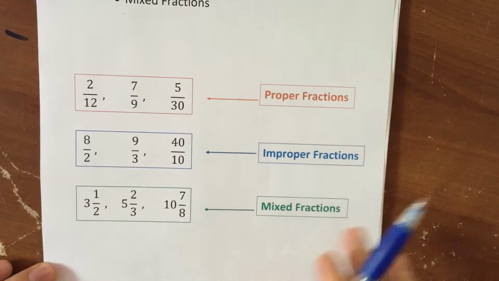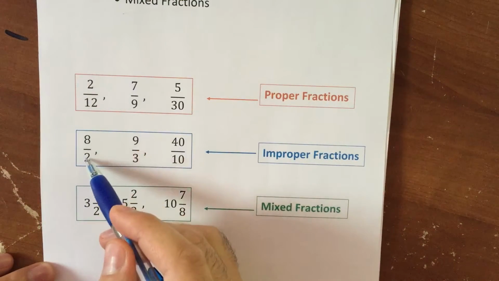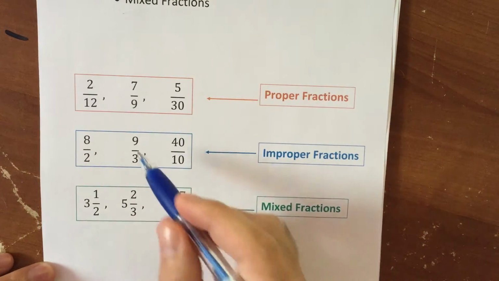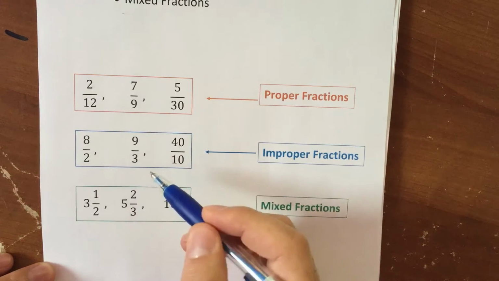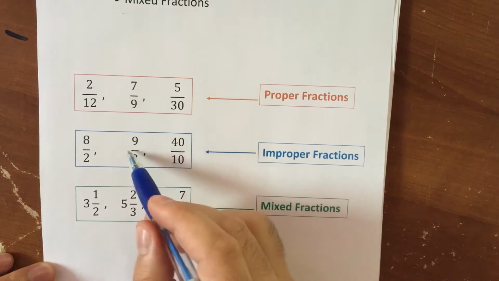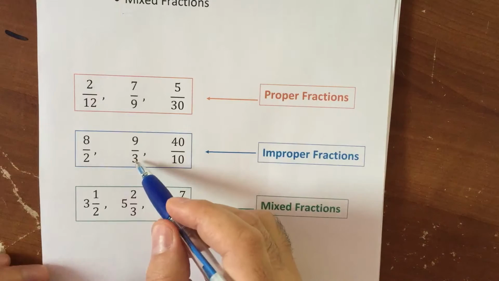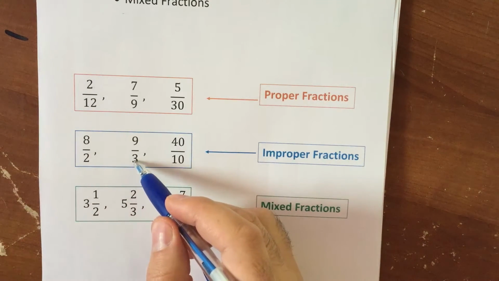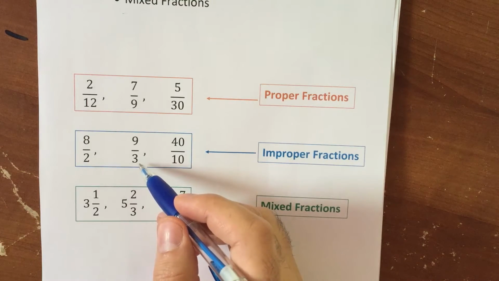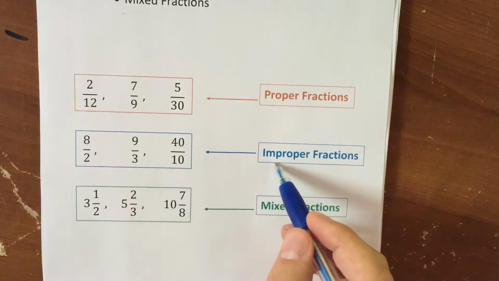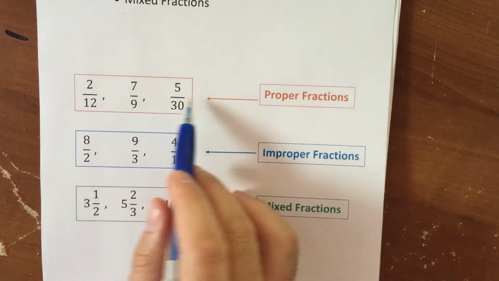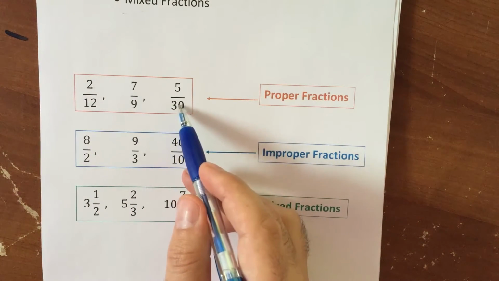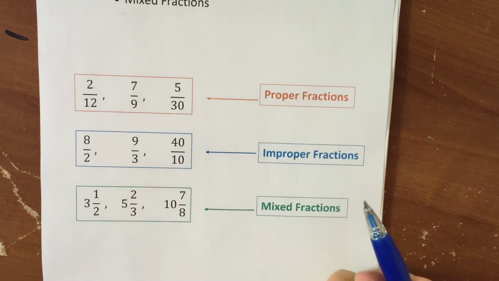As you can see here, 8/2, 8 is bigger than 2, so it's called an improper fraction. 9/3 is an improper fraction, because it doesn't follow that you divided something into 3 parts and take 9 parts of it. That's why it doesn't follow that type of fraction, so we call it improper. This 5/30 is a proper fraction because we have something divided into 30 parts, we take only 5 parts.